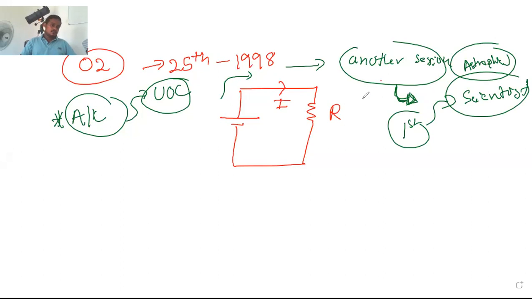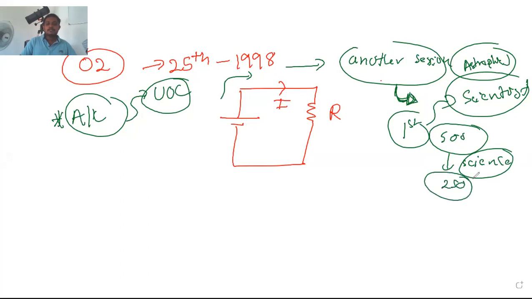But most of the students, they are not selecting science as a subject. I don't know what is the reason. In our batch, we had 500 students. 500 students got selected for science. 500 students, out of them almost 250, 50%.